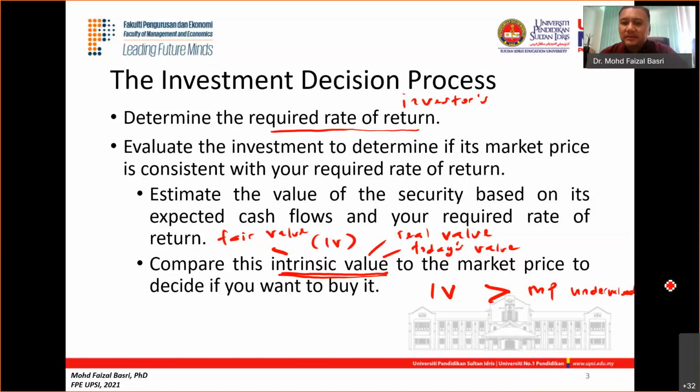Okay, undervalued, because the market price is cheaper than the intrinsic value, meaning we can buy the instruments or the securities at a cheaper price than the real value.